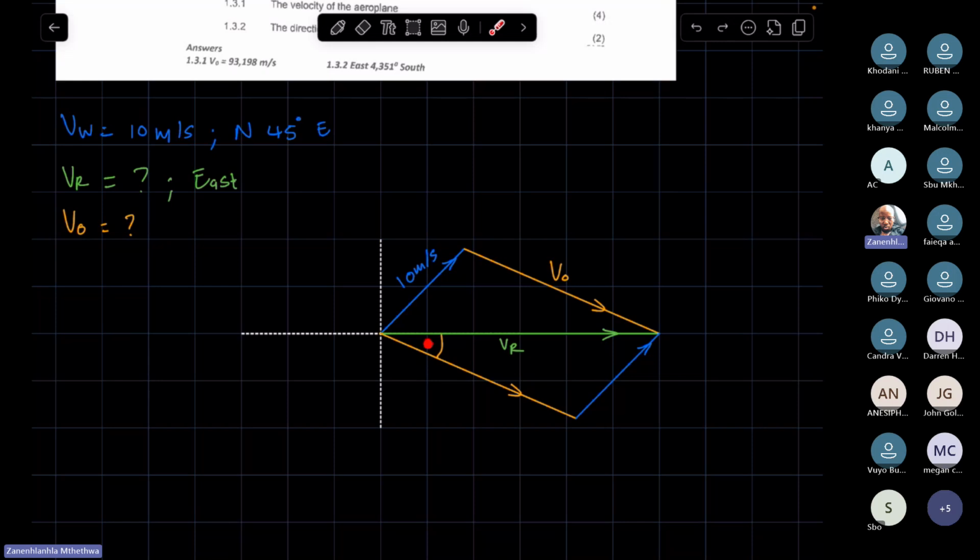This angle is exactly equal to this one there, or that one. So if you are able to calculate that angle, you inadvertently calculate that angle. Now, which angles do we have here? They said VO is north 45 east. So that angle is 45 degrees.